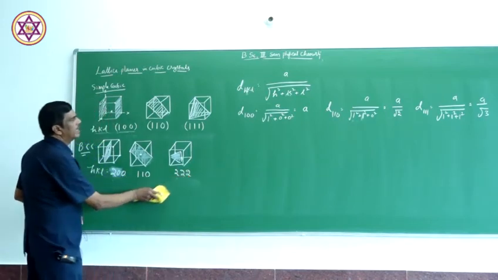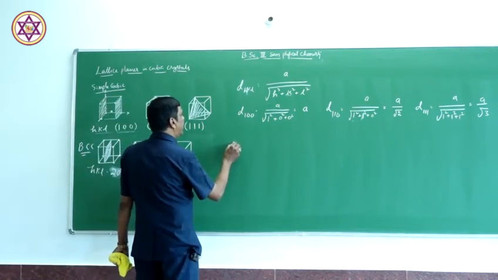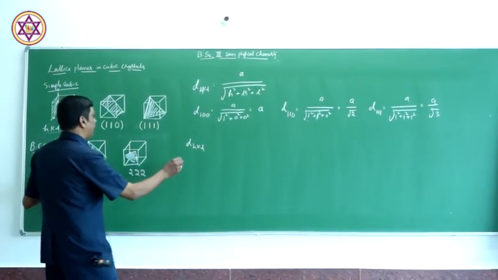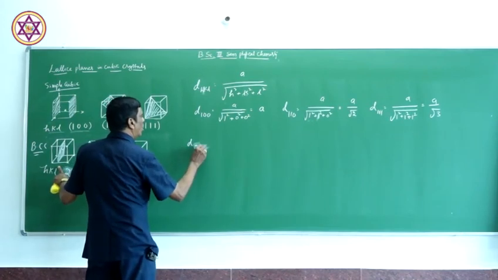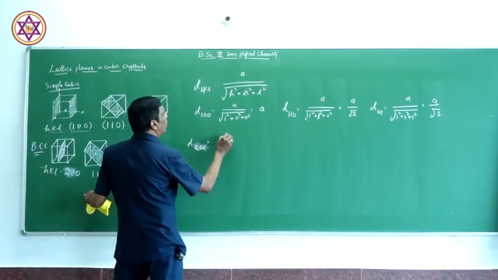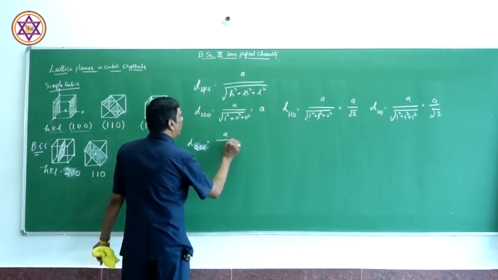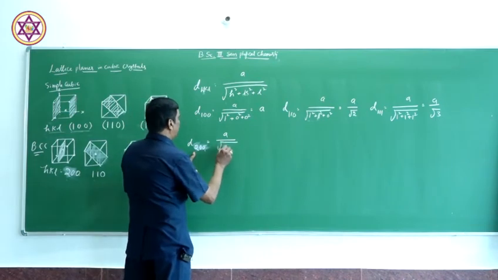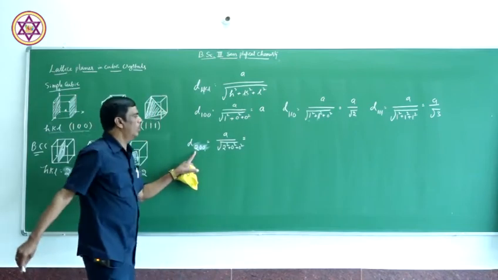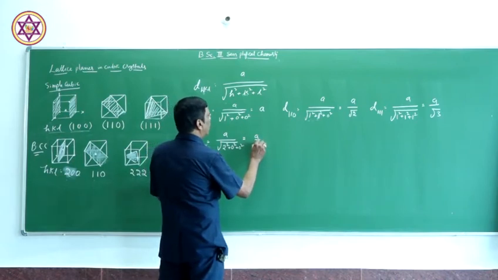Similarly, we can calculate the interplanar distance here for all the 3. The interplanar distance d_hkl for the 2 0 0 plane, d_200, can be calculated, which is equal to a by square root of h square plus k square plus l square, that is a over square root of 2 square plus 0 square plus 0 square, which is equal to a by 2.